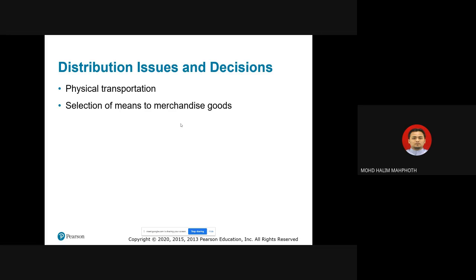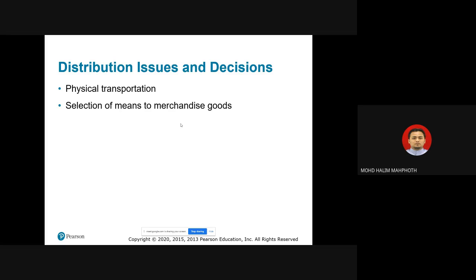If it is a perishable good, like vegetables, it needs to be sent quickly to certain countries. For example, if we want to send our vegetables to China, maybe it's not proper to use sea freight, because sea freight may take more time. So you have to use air freight.